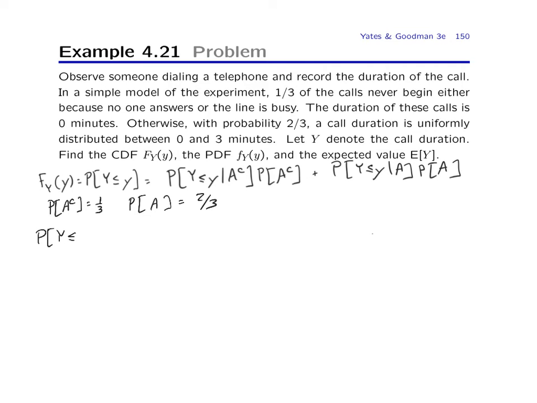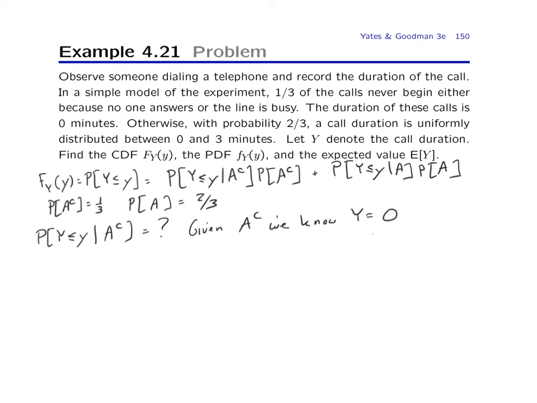The probability y is less than or equal to y given A complement. Well, given A complement, we know y equals 0.